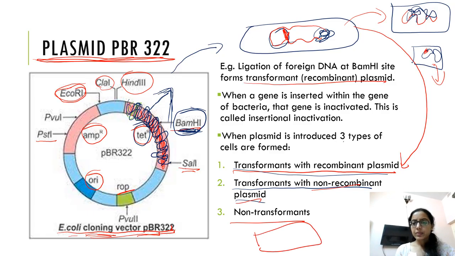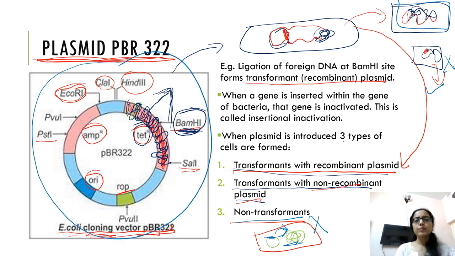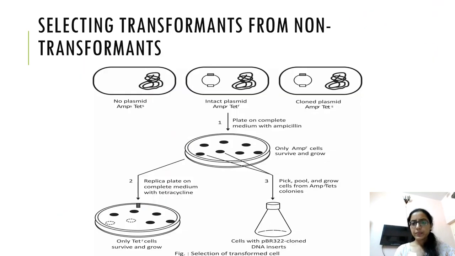Non-transformant means this plasmid has not supplied the gene of interest to the bacterial DNA. It has not successfully taken the gene of interest, and that is called non-transformant. That means here the recombination process did not occur. Here it occurred, but it cannot replicate. So we want only this transformant after the plasmid is inserted into a host cell.